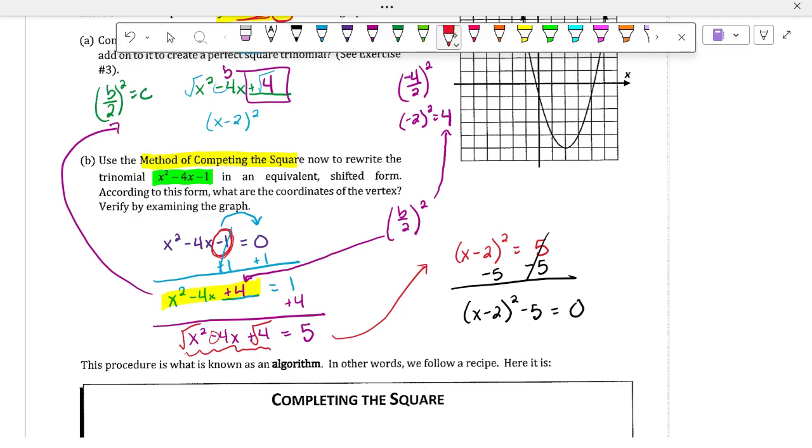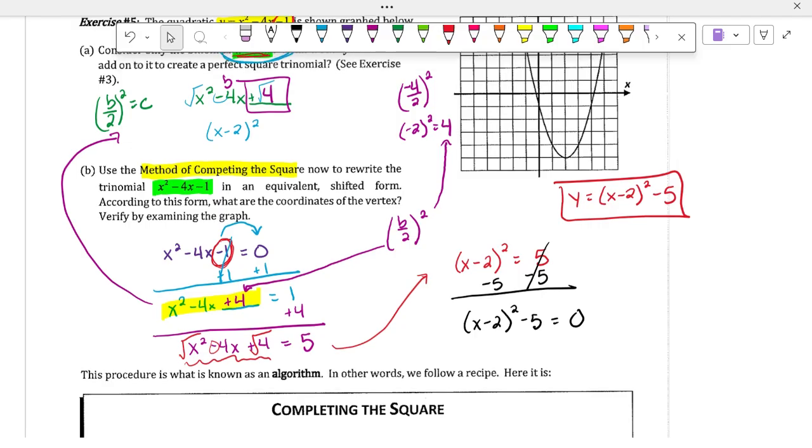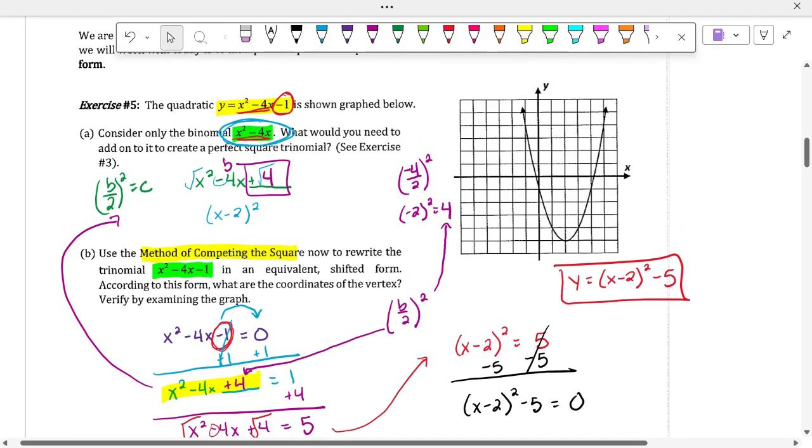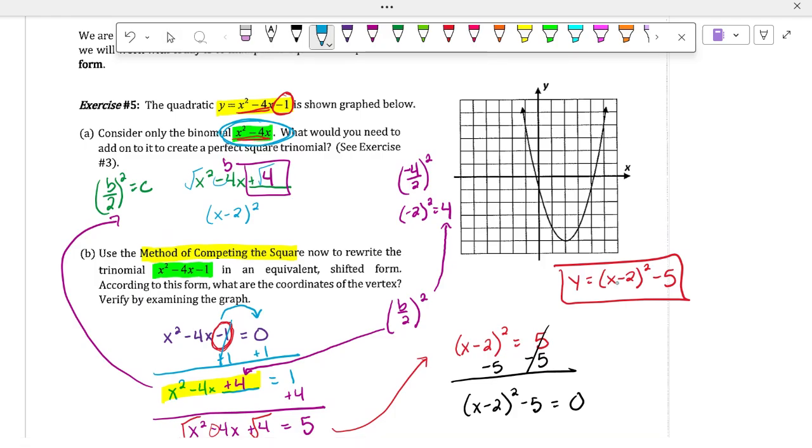So y equals x minus 2 squared minus 5 is my vertex form. Now, let's double check our graph to make sure that everything's still okay. Given this graph, this is the graph of x squared minus 4x minus 1.